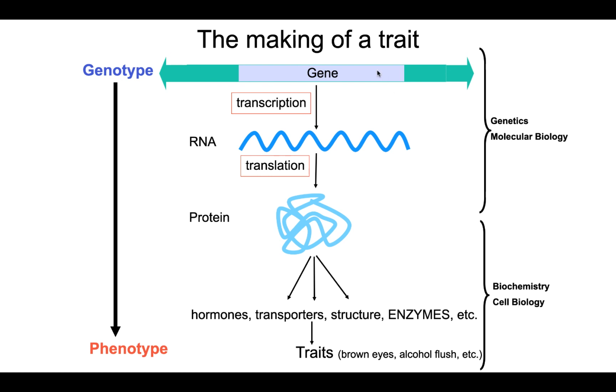Now, we want to know what determines whether or not a protein is going to be made within a cell. We're going to determine how a protein gets made. And that all comes under these types of courses. Genetics, molecular biology. So that is what we're going to spend the second half of this course talking about.